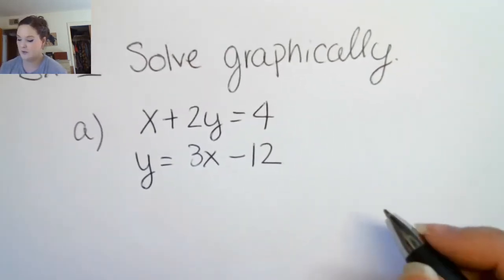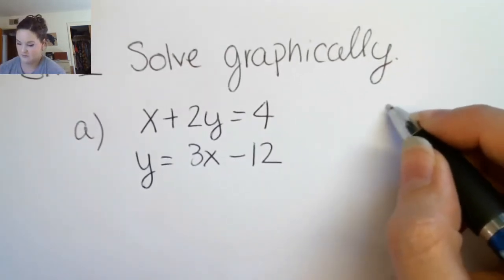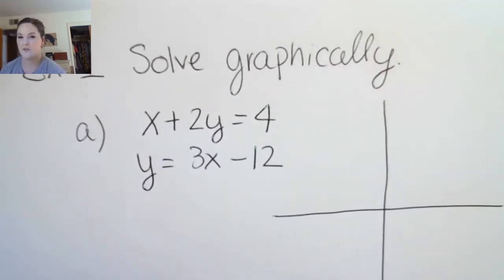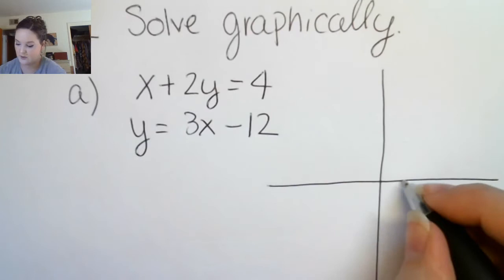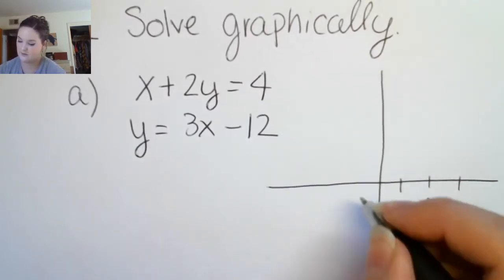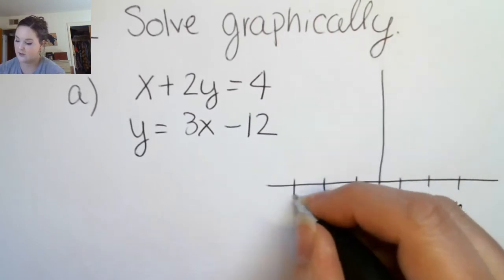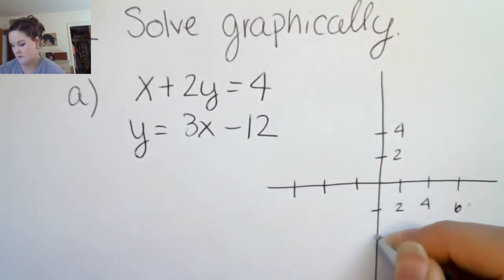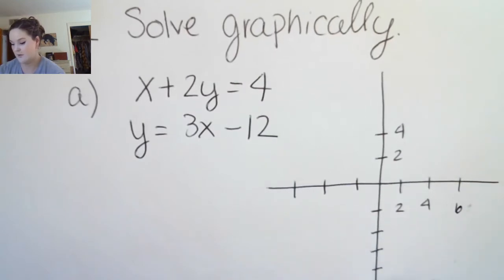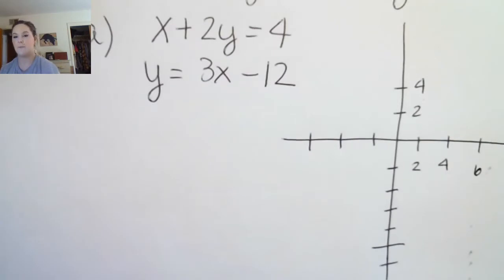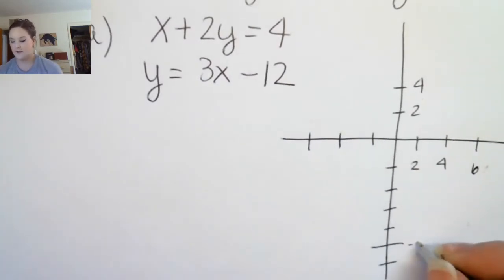Okay, so here we go. And because I have this negative 12, I'm actually going to go by 2's. So this is going to be 2, 4, 6, negative 2, negative 4, negative 6, and then same here. 4, 6, 8, 10, and then 12. Okay, so this is negative 10.